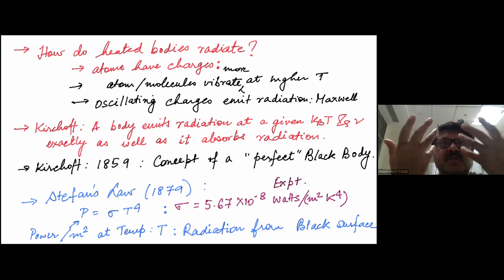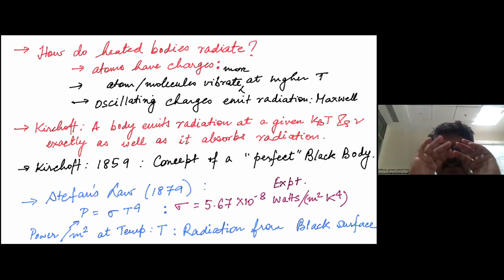So the surface of the sun gives out the maximum amount of light at a particular frequency, and that actually matches with our eye frequency. And by measuring the spectrum, we also get to know about the surface temperature of the sun. But anyway, that came much later.